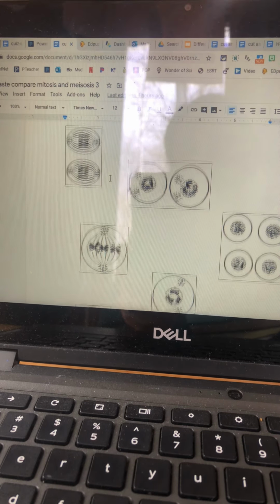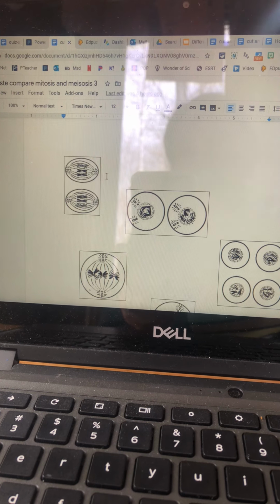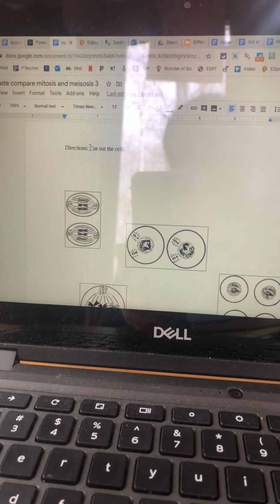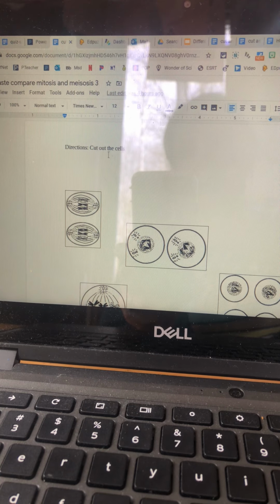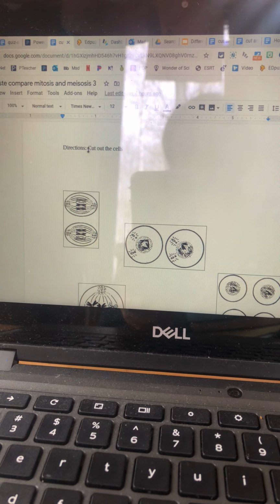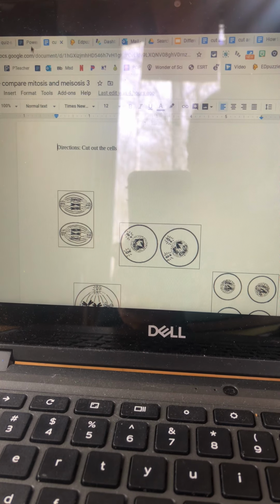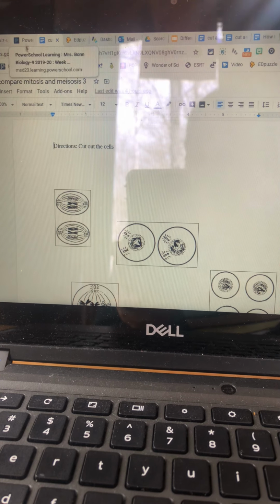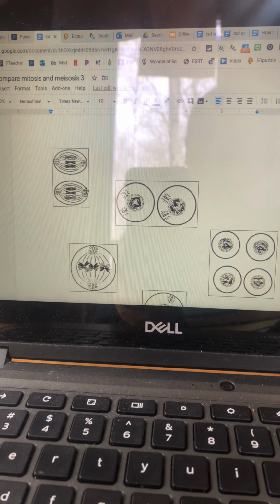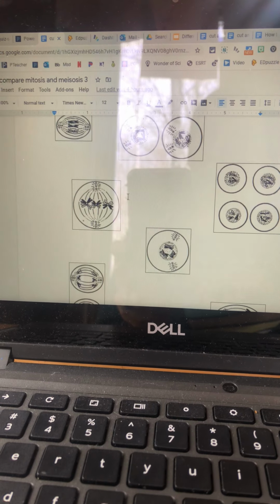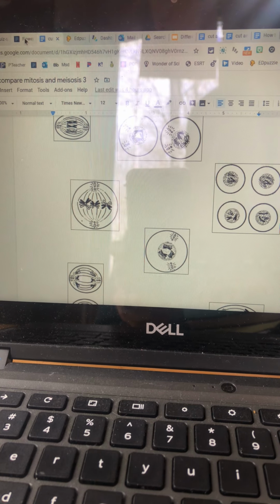Just get them ready so that we can do the assignment together. So have all these cut out in 2 separate bags for Tuesday and Thursday.